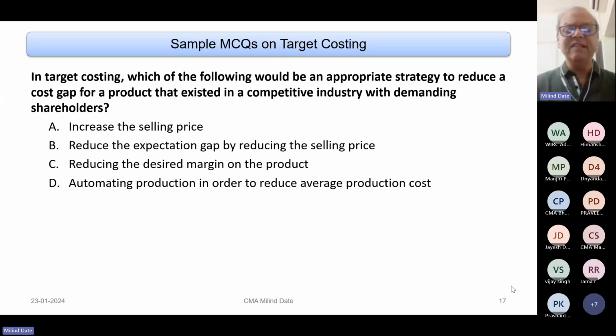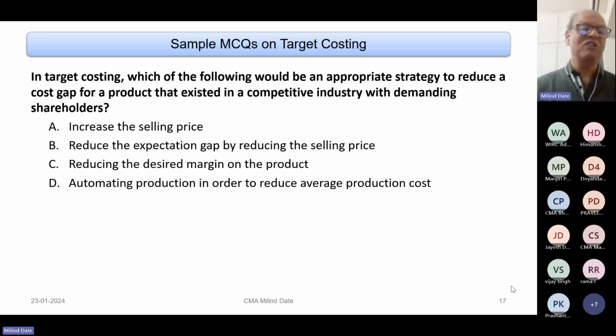The correct answer is D. And this is how you need to think it out. If you don't read the question statement correctly, it will be very difficult for you to answer. Option D is correct because, as I said, in a competitive industry, you can't increase price. You can't reduce the expectation gap by reducing the selling price, as the customers will not accept your product.